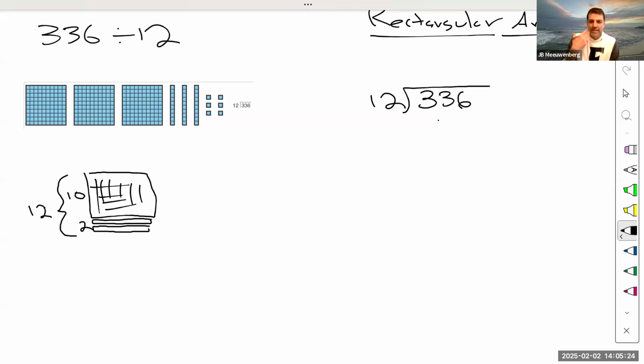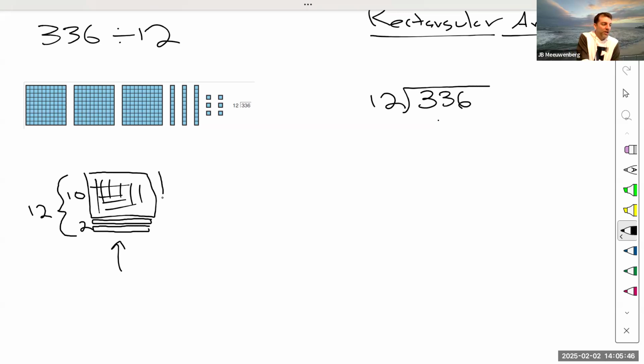So this takes up 10 by 12. So how many pieces are in this one column here? 120. There's 100 plus 10 plus 10.